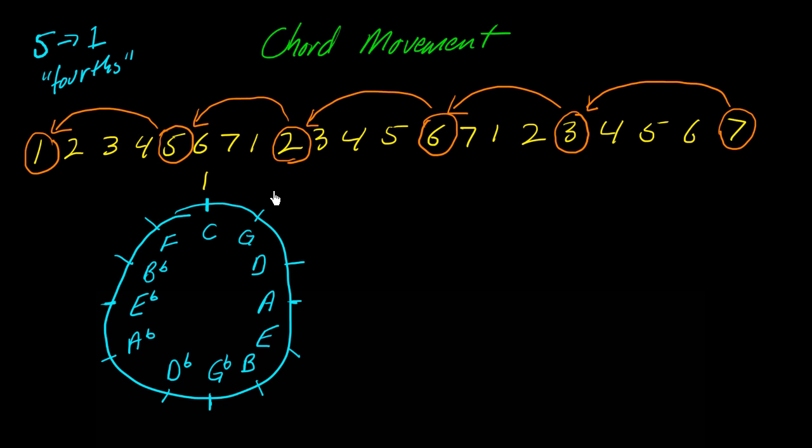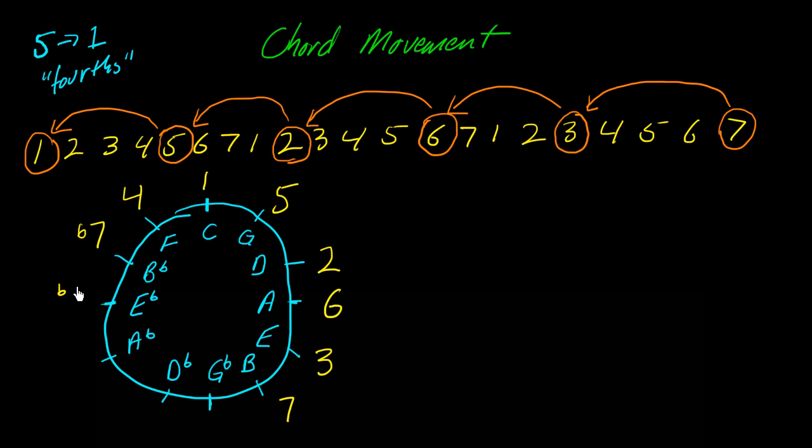1. G is 5. D is 2. A is 6. E is 3. B is 7. This way, it's 1, 4, flat 7.